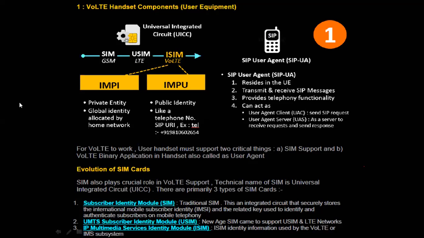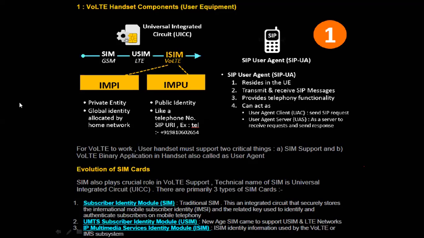The third one is ISIM. When the operator supports VoLTE, they distribute ISIM. During our testing, we generally face this kind of issue: the tester is using a USIM, and they come and say, sir, our PDN connectivity for IMS is not established.